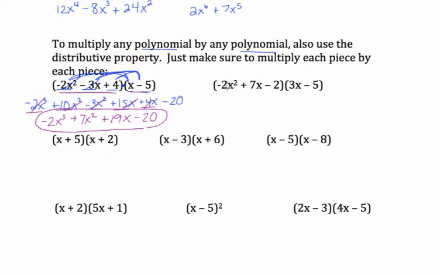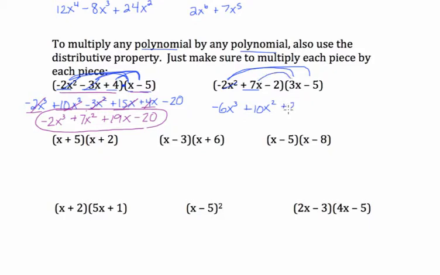Let's try another one. So I'll take negative 2x squared and multiply it by each term over here. So that's negative 6x cubed plus 10x squared. Okay, so I'm done with the negative 2x squared. Now the 7x has to get distributed to every term over in the other parenthesis.